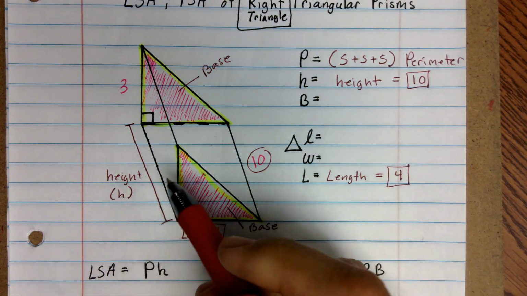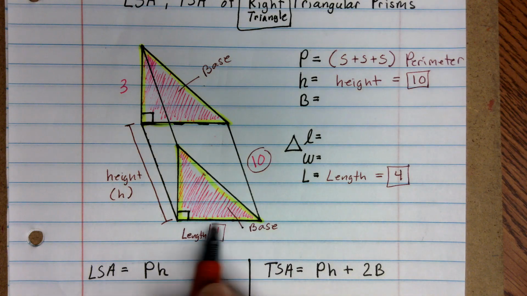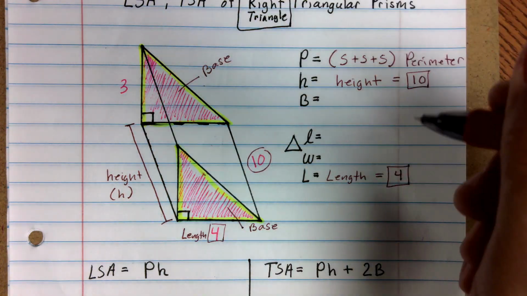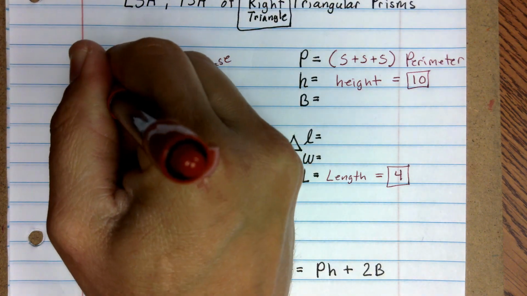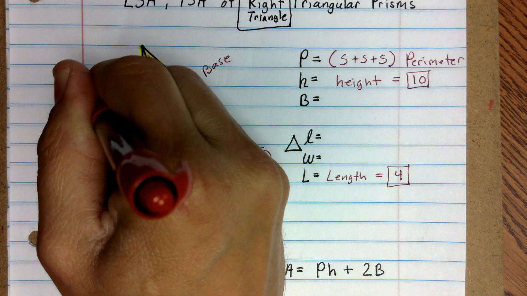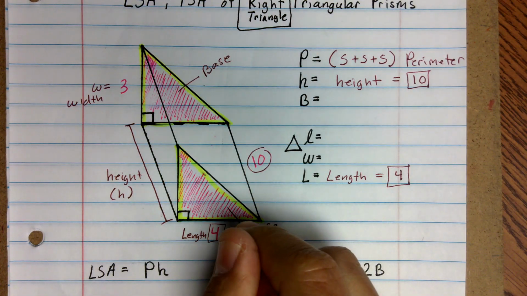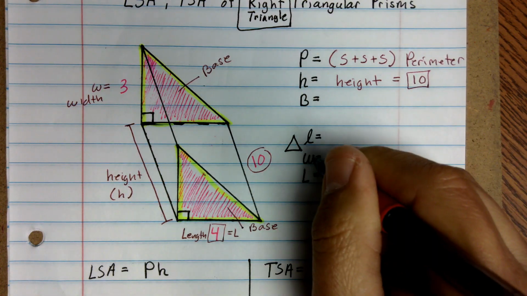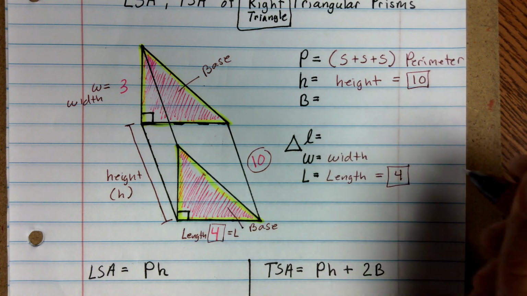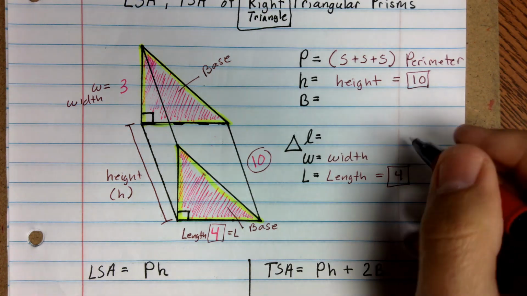And going back down to the triangle, if this is the length and it's 4, then this one that's vertical right here, this leg, is going to be the width. It is the width of the triangle, and it is going to be 3.